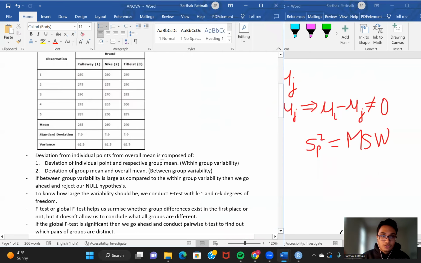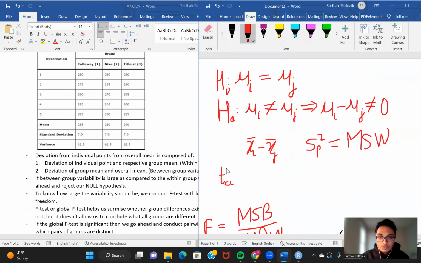In our previous example for this particular data set, let us suppose we want to compare groups Callaway and Nike. Let us compare all three pairs: Callaway and Nike, Titleist and Callaway, and Titleist and Nike. For Callaway and Nike, let's calculate the t-value of each of them.